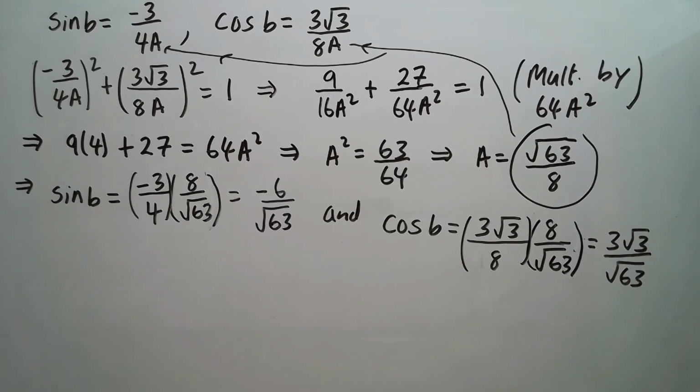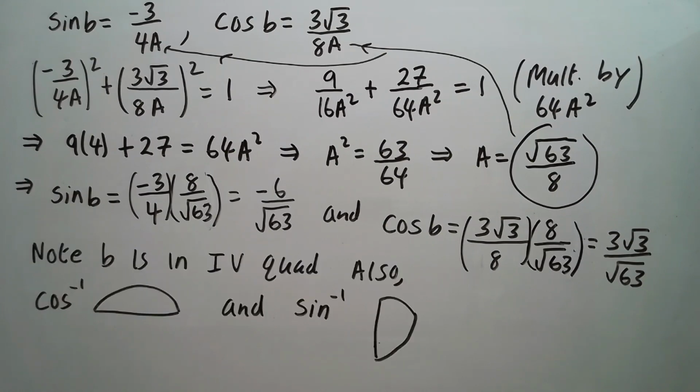So let's see. Okay, actually looks like the angle is going to be in the fourth quadrant because the sine's negative in the third and fourth, and cosine's positive in the first and fourth. So therefore it's going to be in the fourth quadrant for b. So let's note that here. Okay, so the angle's in the fourth quadrant.